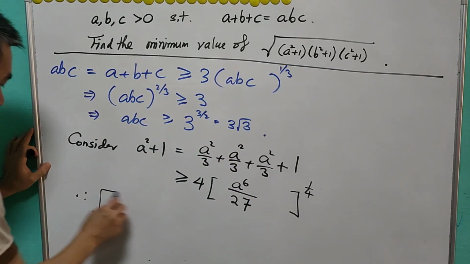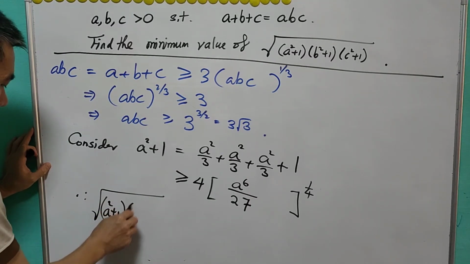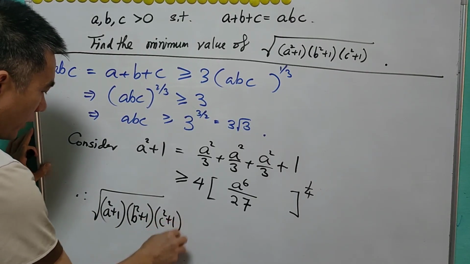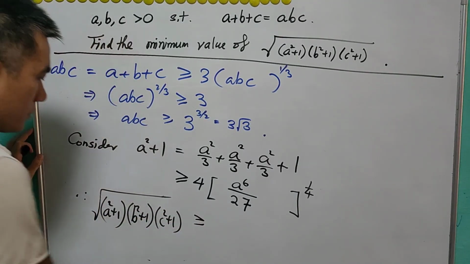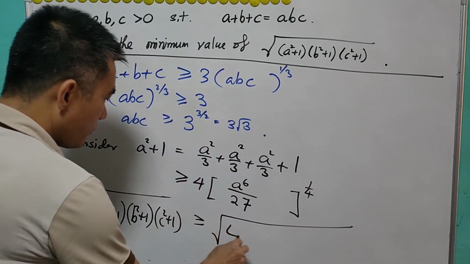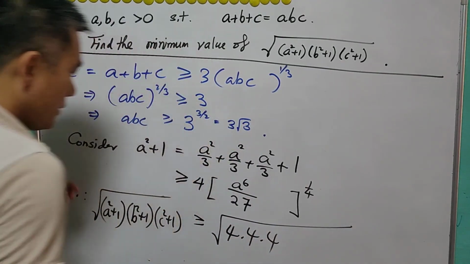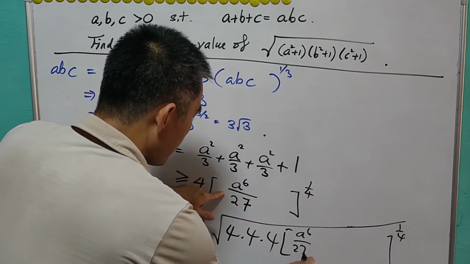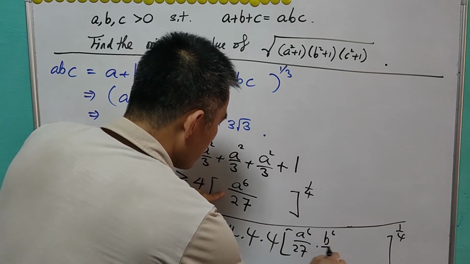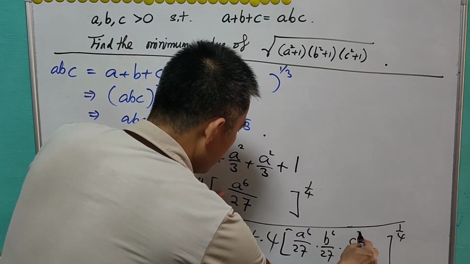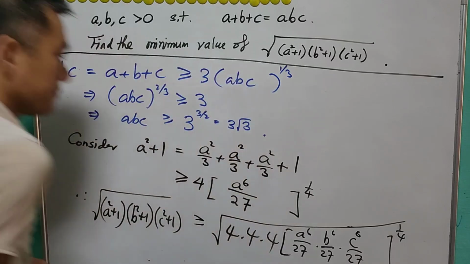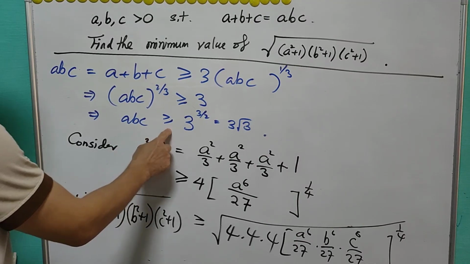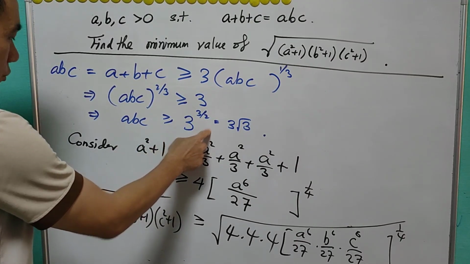And so, the square root of (A squared plus 1)(B squared plus 1)(C squared plus 1) will be greater than or equal to the square root of 4 to the power of 3 times the product of (A to the power of 6 over 27) to the power of 1 over 4. So the first one is A to the 6 over 27, the second one is B to the 6 over 27, and the third is C to the 6 over 27. From the previous inequality, ABC is greater than or equal to 3 to the power of 3 over 2.